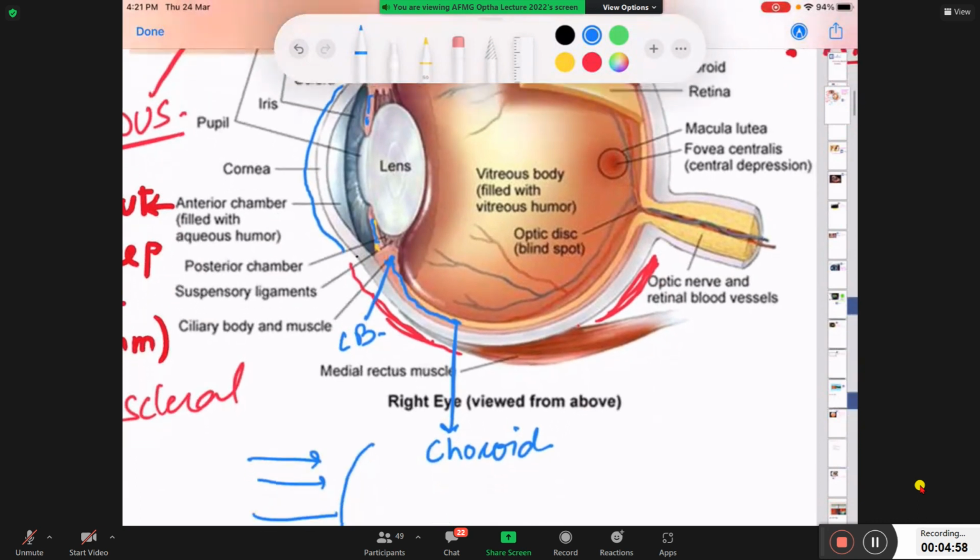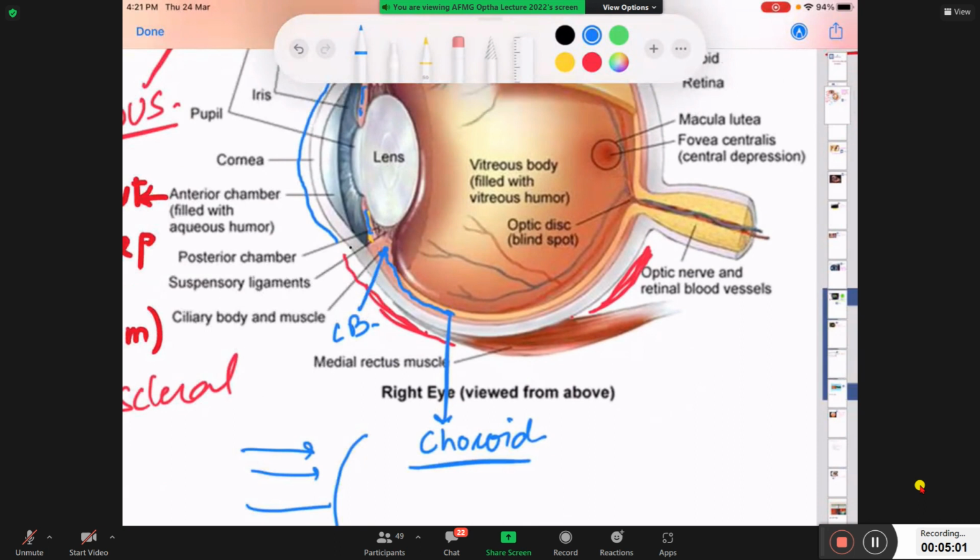Remember, in this middle vascular coat, the iris, ciliary body and choroid are your vascular layer. These contain blood supply. Give me a thumbs up if it is clear. The iris, ciliary body and choroid constitute your middle vascular coat of the eyeball.